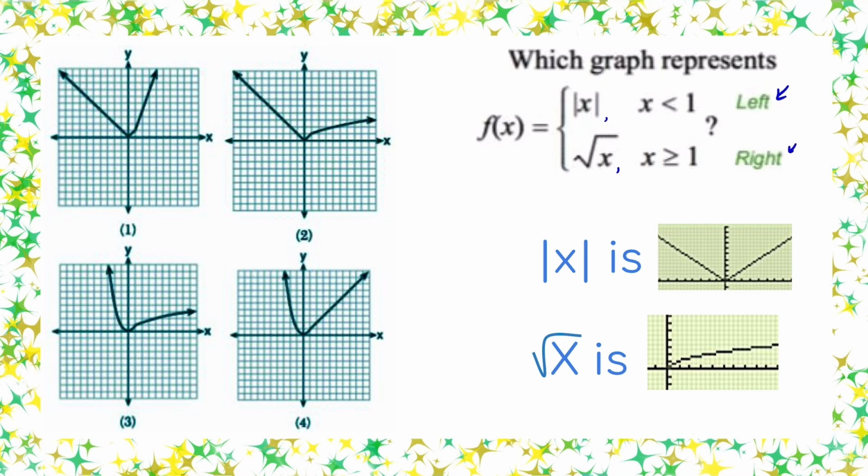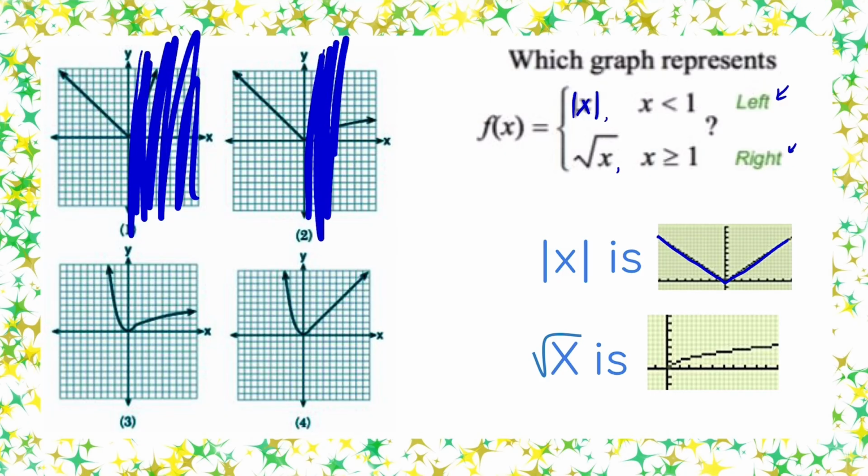So here's what you should do. The first function here, put that in blue, absolute value of x. When you graph it, it looks like this. Now I only want to see that kind of graph on the left side. So let's say I cover up the right part of each graph.